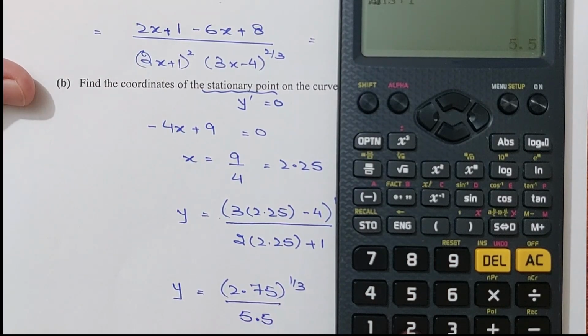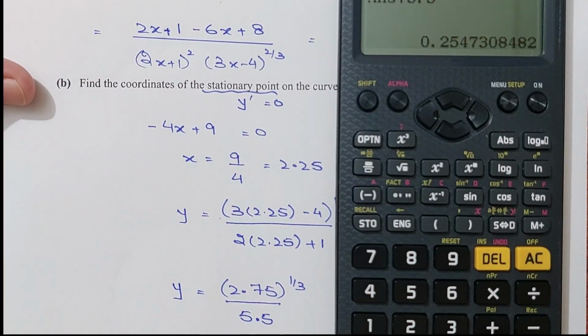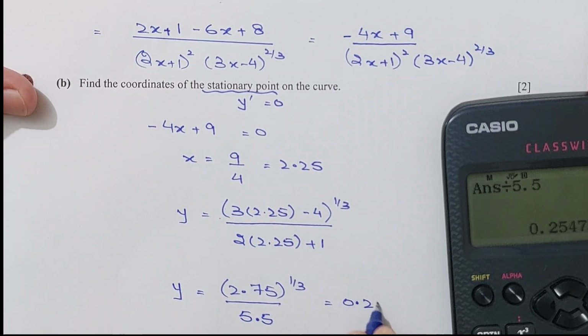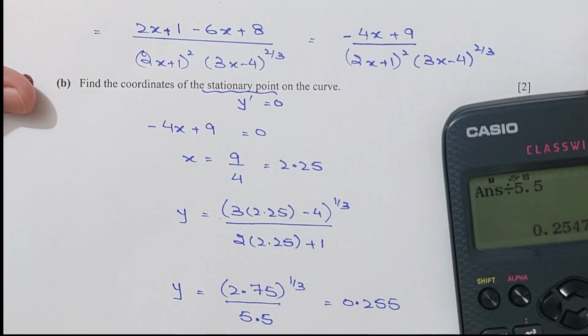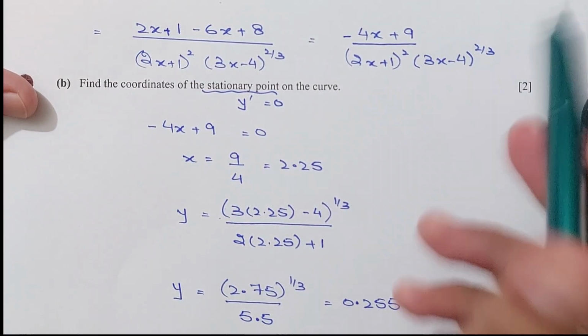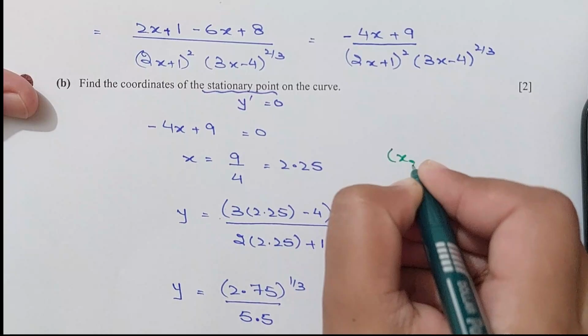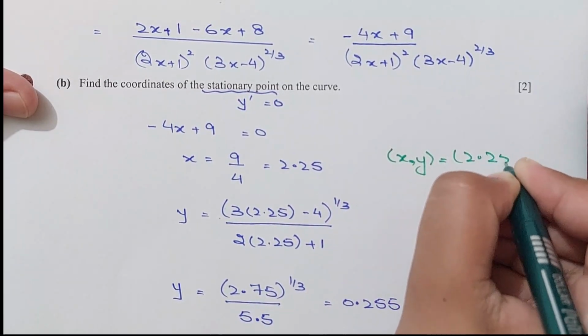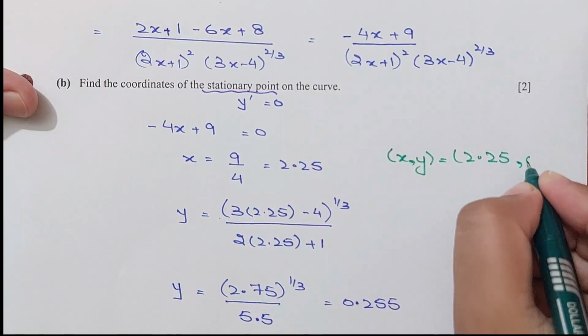Now let me simplify: 2.75 to the power 1/3, divided by 5.5, is 0.255 if I round it. Now we can say the coordinates of the stationary point: x is 2.25 and y is 0.255.